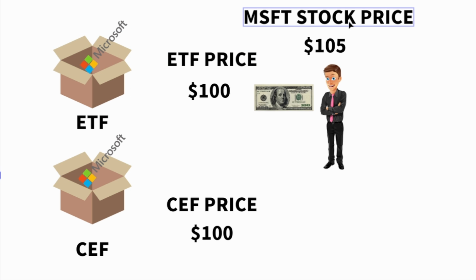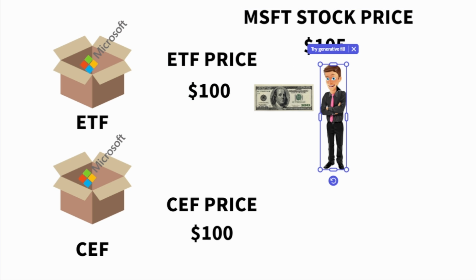So let's say the stock price of Microsoft goes up to $105, but the ETF price is still $100 and the CEF price is also still $100. That means that this Microsoft stock that could be bought for $100 is really worth $105. So there's an arbitrage opportunity here.